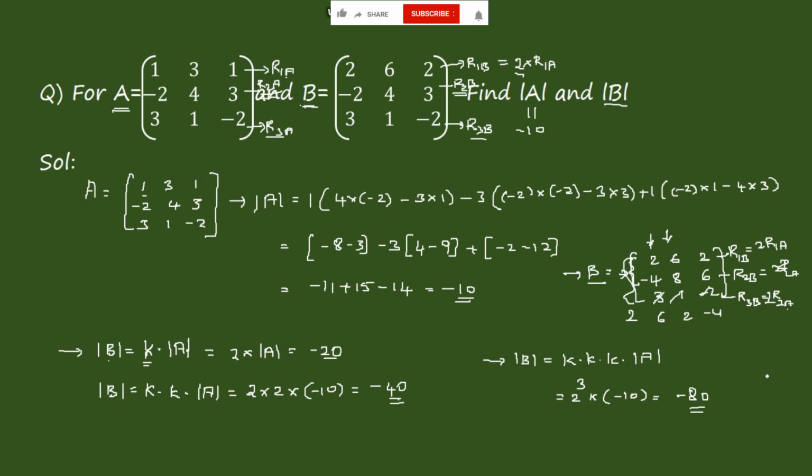These are the important points you have to remember to find the determinant of A or B by using shortcuts.